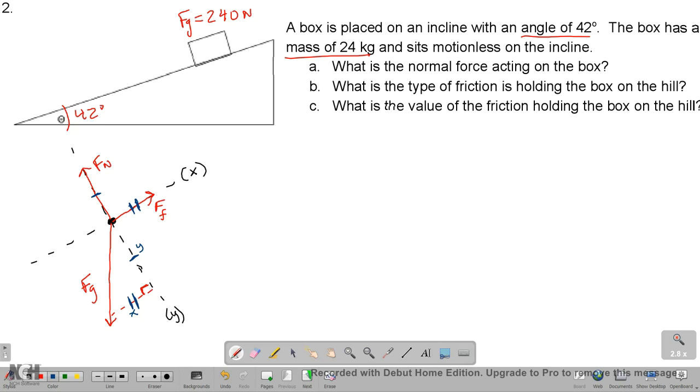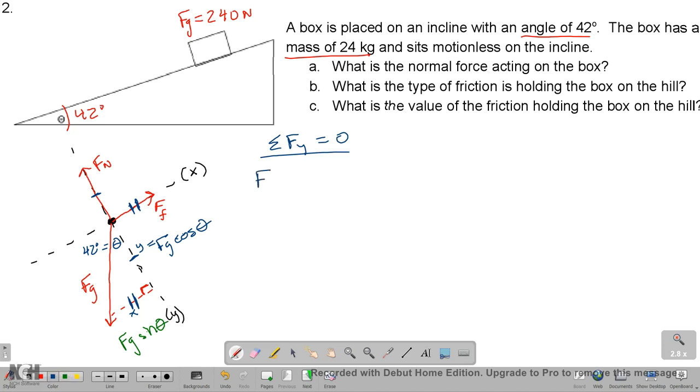So let's start off and solve for the normal force. To do that, we're going to need to do a sum of the forces in the y direction. It's equal to 0, and we're going to need to label our sides. So remember that this angle here is going to be 42 degrees, and we went over how to get that in class. And then this is going to be Fg cosine theta, and then down here this is going to be Fg sine theta.